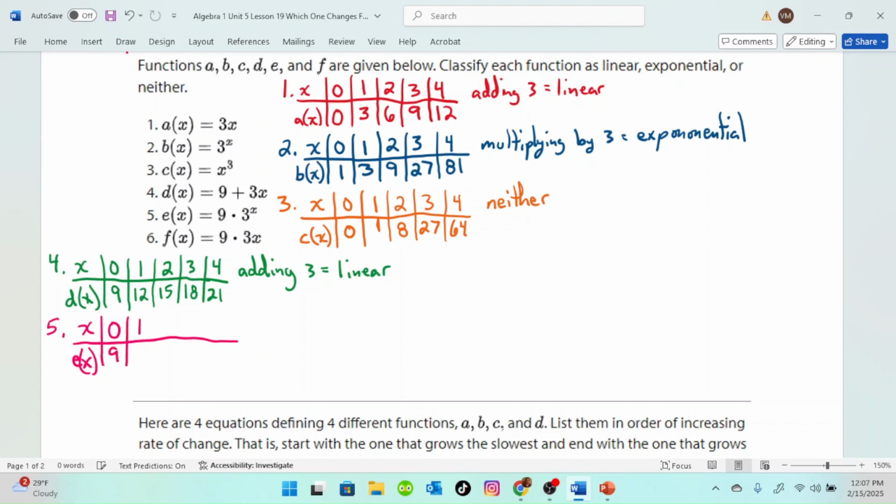If x is 1, then 3 to the power of 1 is 3, times 9 is 27. If x is 2, then 3 squared is 9, and 9 times 9 is 81.